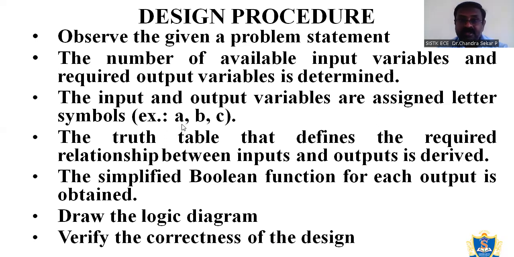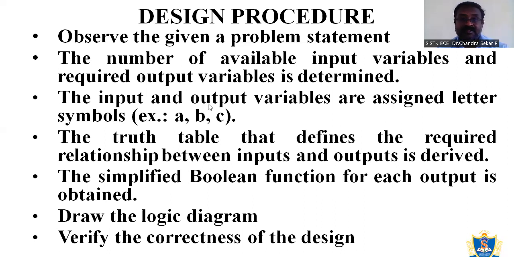What are the inputs that will be given, and what is the output that will be obtained? If for the corresponding input you are getting the output that has been stated in the problem, then the circuit is right. Or else we have to check once.